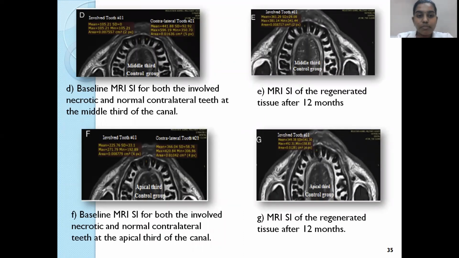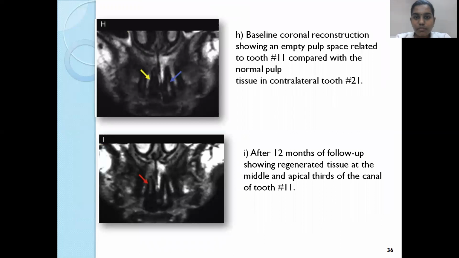While D shows the baseline MRI signal intensity for both the involved necrotic and normal contralateral teeth at the middle third of the canal. E shows the MRI scan of the regenerated tissue after 12 months, and F shows the MRI signal intensity for both the involved necrotic and normal contralateral teeth at the apical third of the canal, and G shows the signal intensity of the regenerated tissue after 12 months.